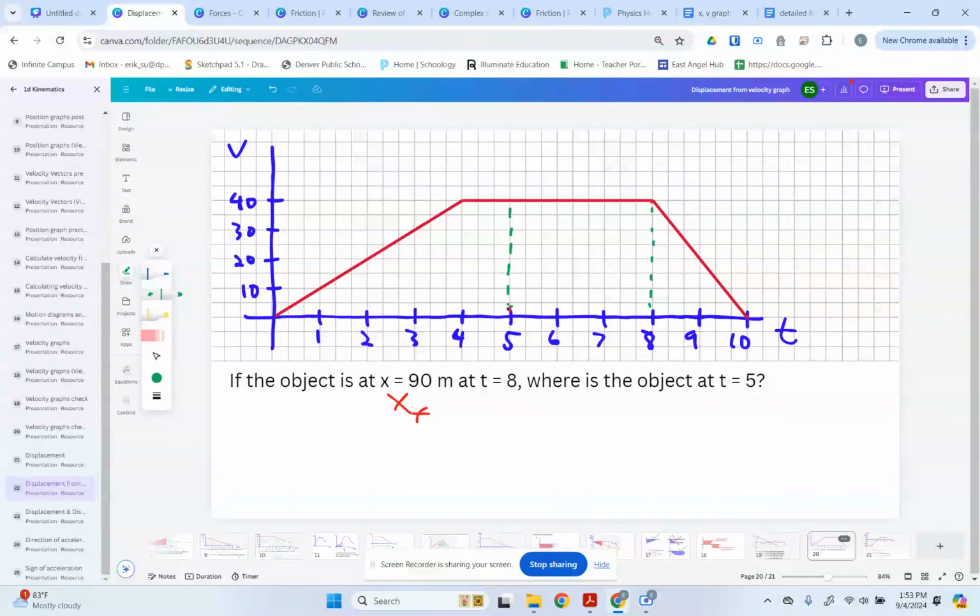Okay. Can you find that displacement? I mean, it's pretty easy. It's a rectangle, right? What'd you guys get for displacement? 120? Everybody agree with that? 120?